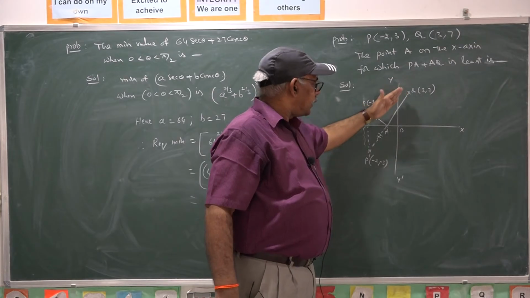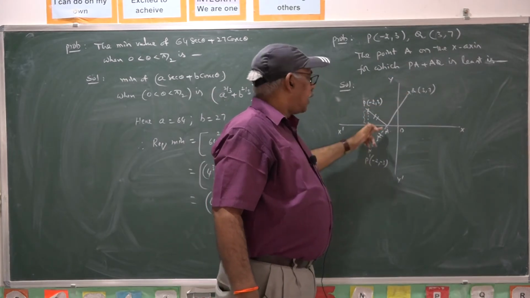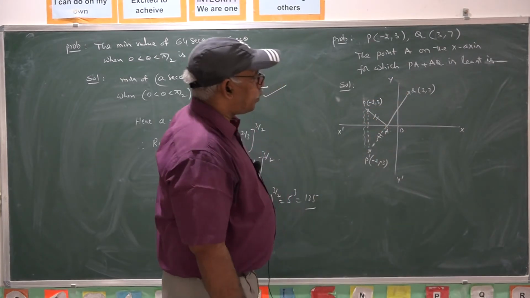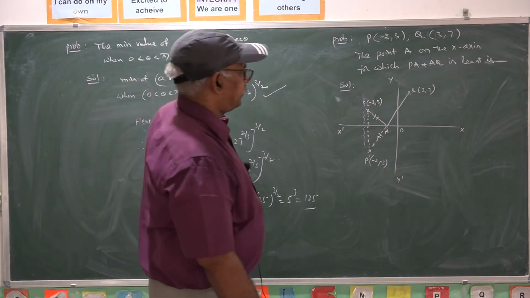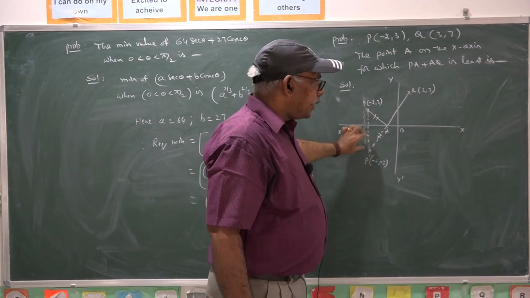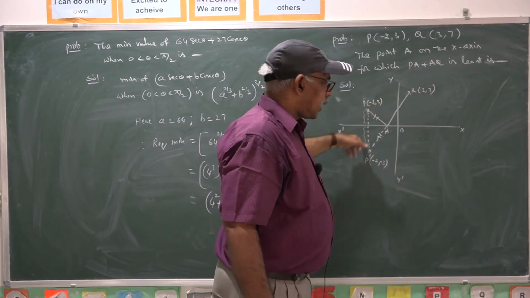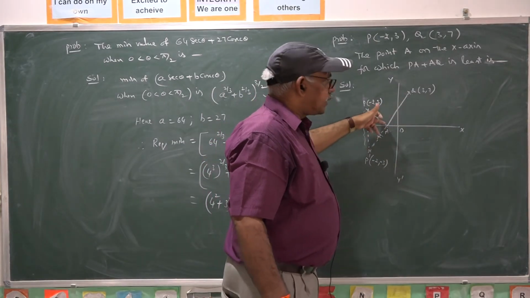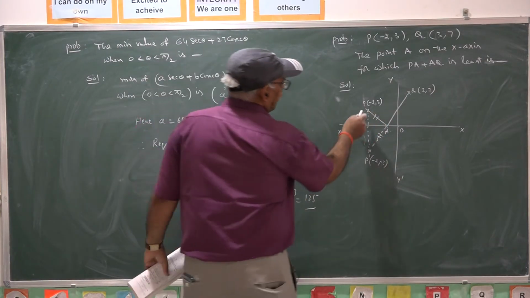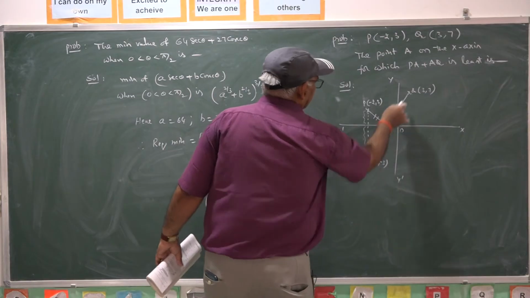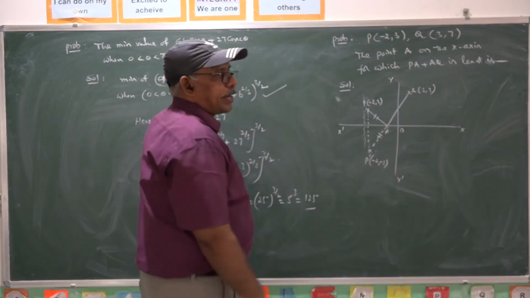Now, to find A, find the equation of P dash Q and find the point where it meets the x-axis. That is the concept here. So, find the image of P in the x-axis and find this line. If this line meets the x-axis at A, that is the required point here, because PA plus AQ is nothing but QA plus AP dash itself.